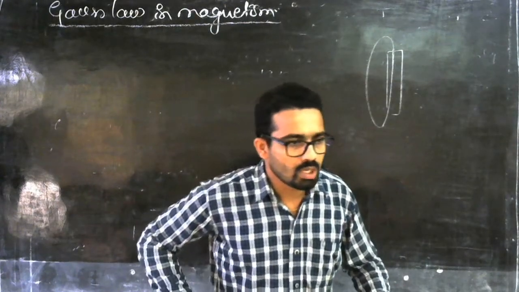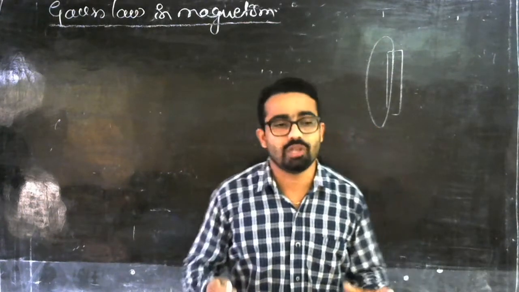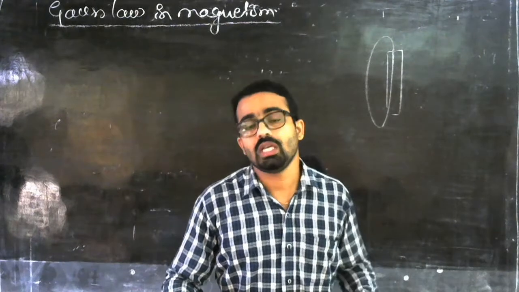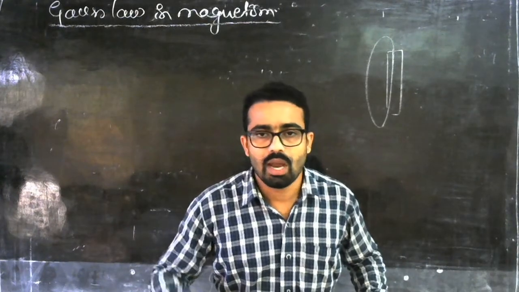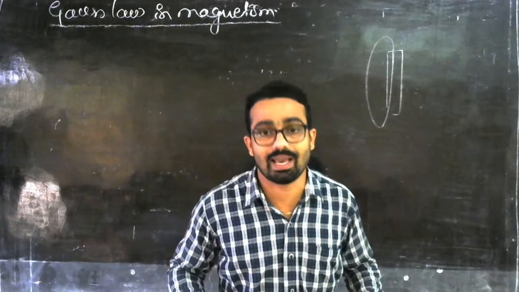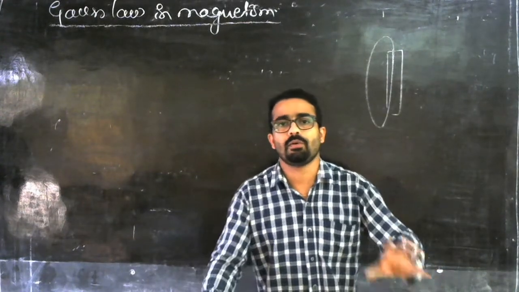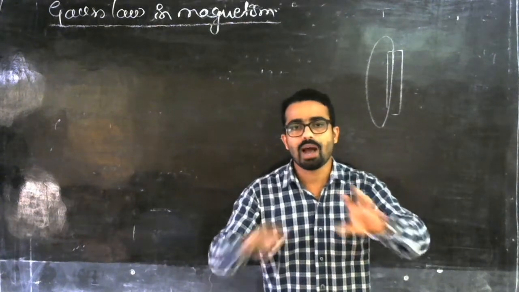The main intention of Gauss law is to find the magnetic flux through any closed surface. You have learned about electric flux, which is the number of electric field lines passing through a given area.